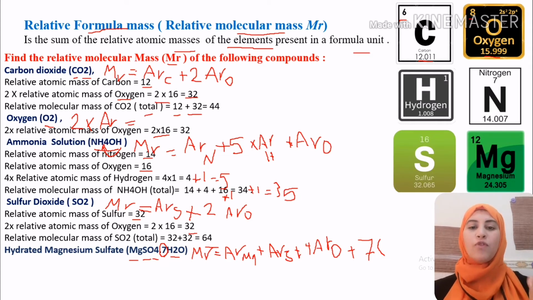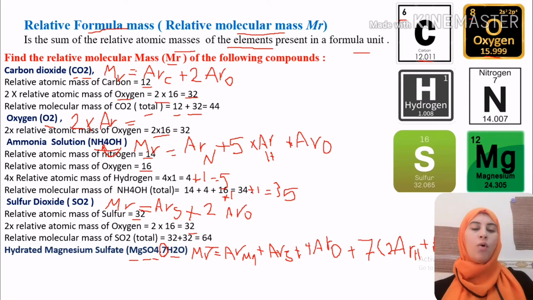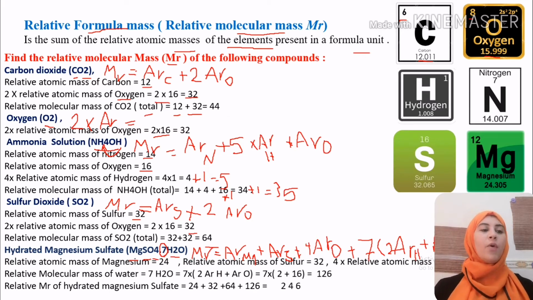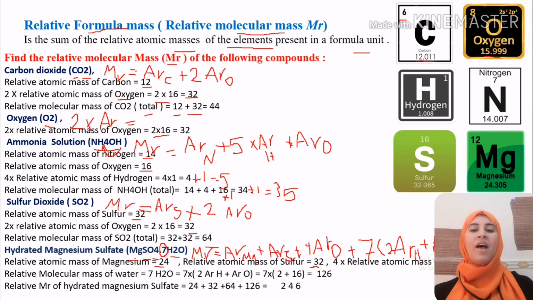Water consists of 2 hydrogen atoms, 2 Ar for hydrogen, plus 1 Ar for oxygen. So we can calculate it. The relative atomic mass of magnesium is 24, the relative atomic mass of sulfur is 32, and 4 times the relative atomic mass of oxygen atom, and then we have 7 water molecules.